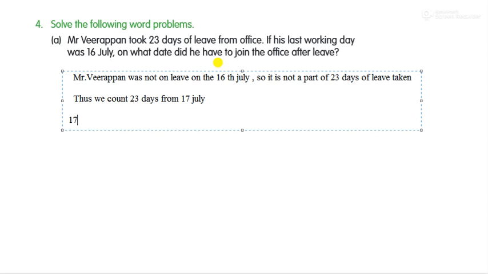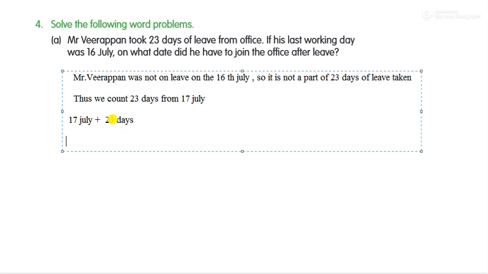So here 17th July plus 23 days. Sorry, here it's 17th July plus 14 days plus 9. Here 17th July means 16, 17, 18, 19, 20, 21, 22, 23, 24, 25, 26, 27, 28, 29.